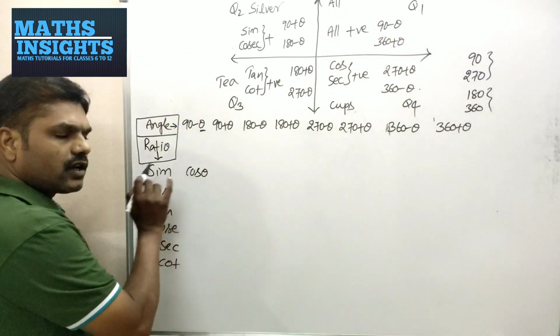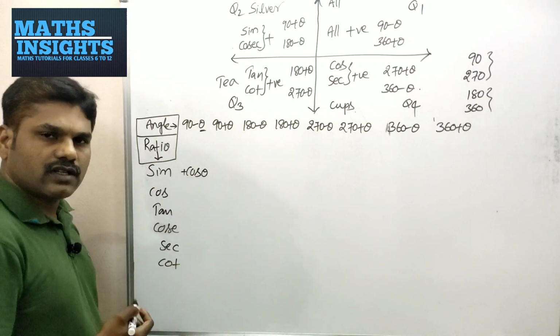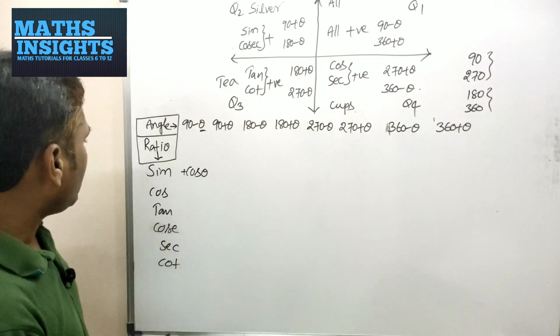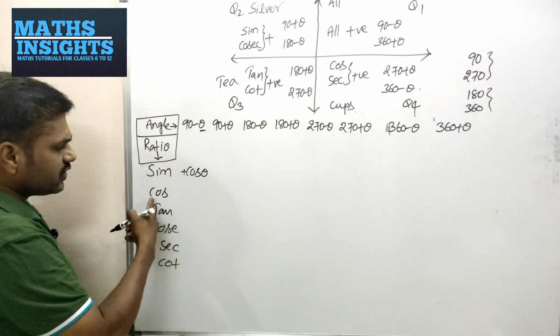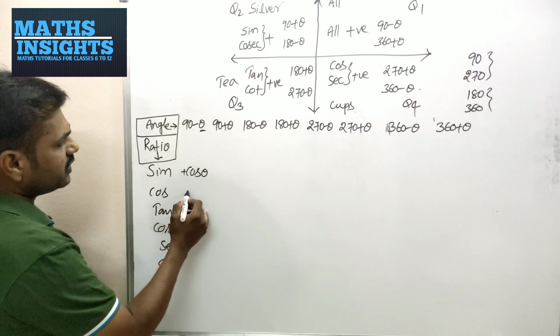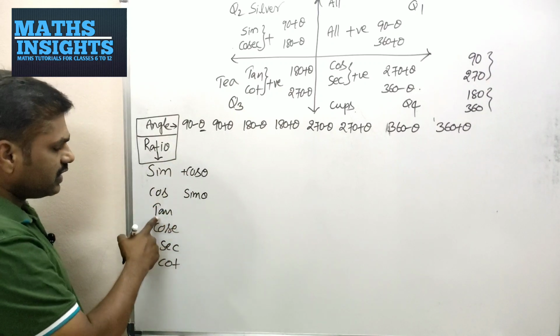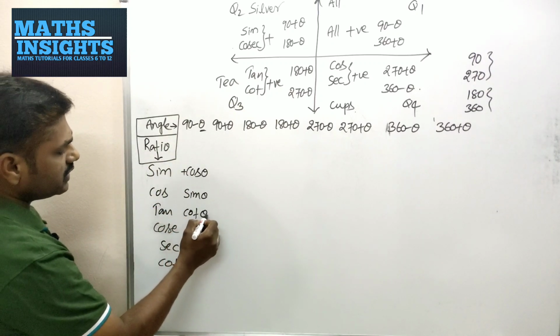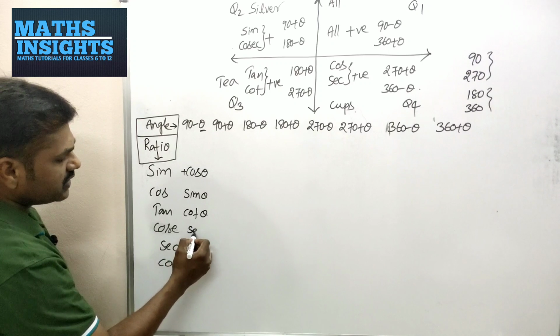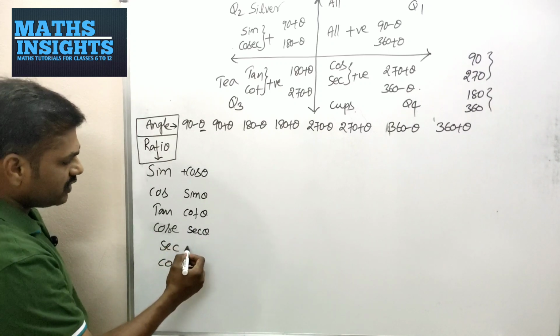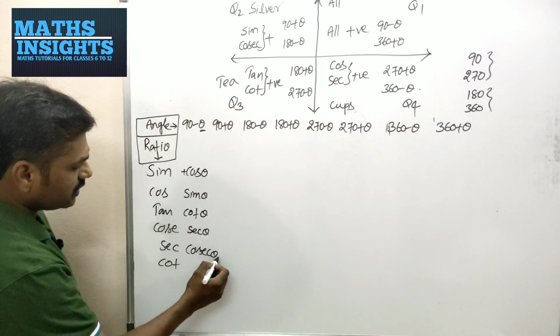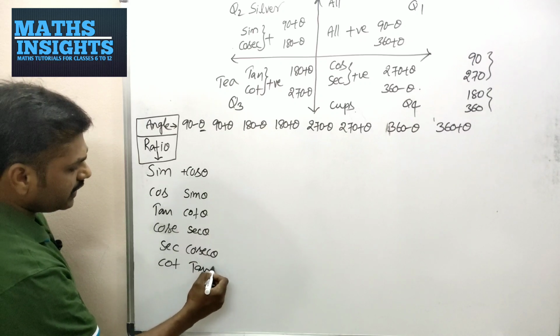I will keep plus, that is plus cos theta, and I will write the remaining ratios also. Cos will become sine theta. Why? Because 90 is coming, cos will become sine, tan will become cot theta, cosecant will become secant theta, secant theta will become cosecant theta, cot theta will become tan theta.